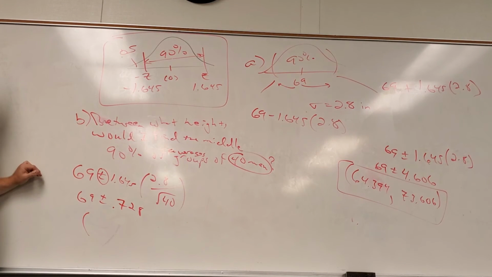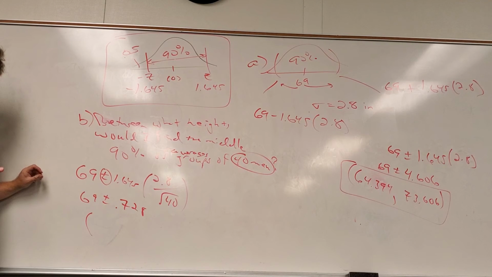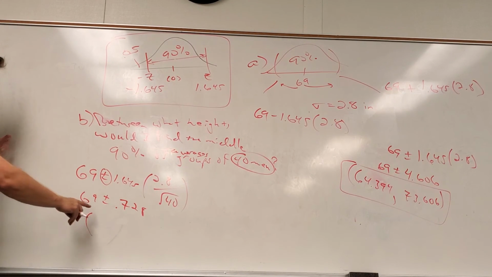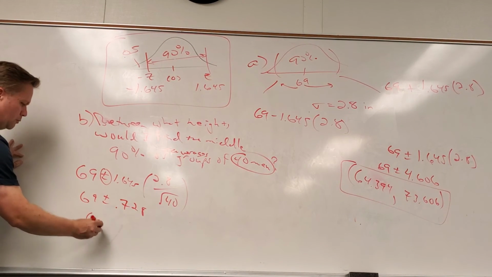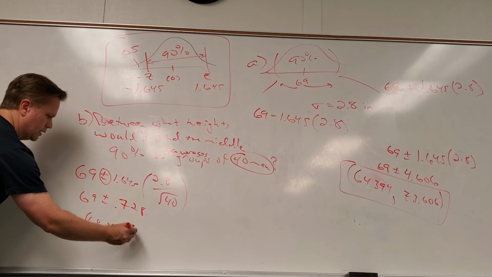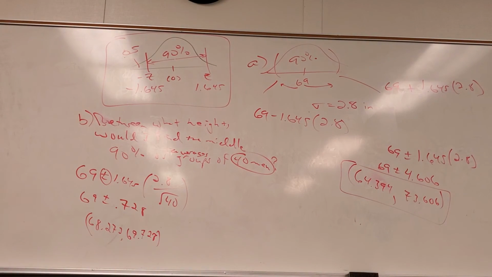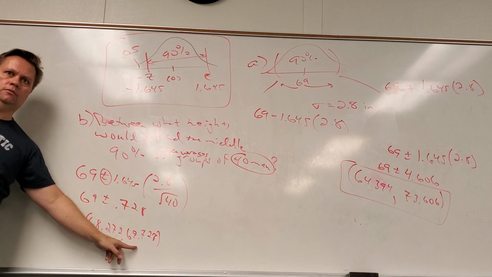There's no plus or minus button on your calculator, right? This is plus and minus. So this would be 68.272, plus that would be 69.728. So 90% of all groups of 40 men will have an average height between these two.